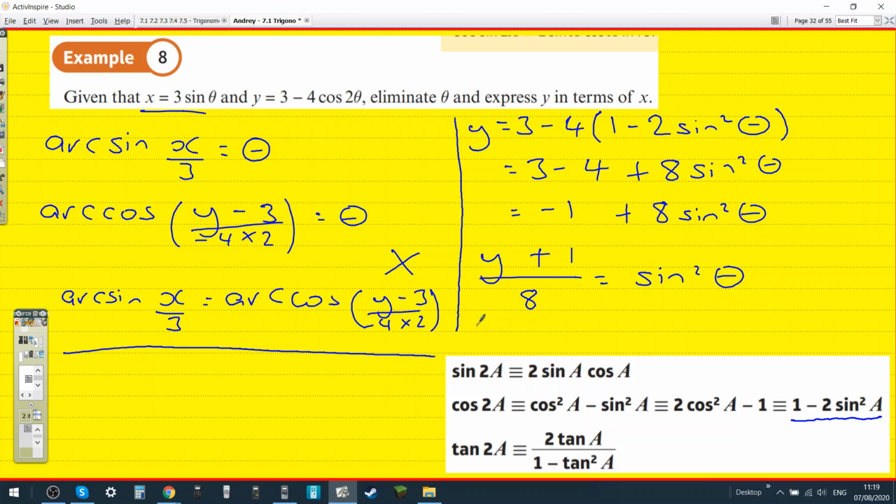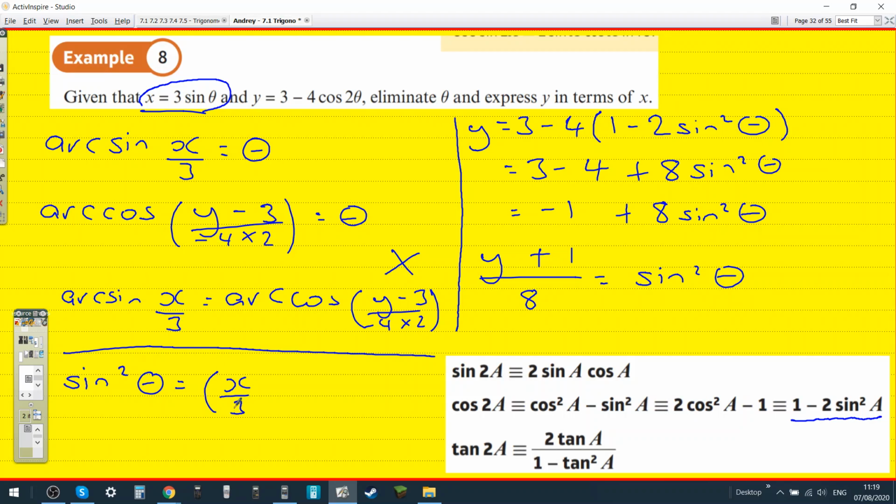Here, it's not a double angle formula, so I'll just make sine theta the subject. So x over 3. And so what is sine squared theta? x over 3 squared. Yeah.